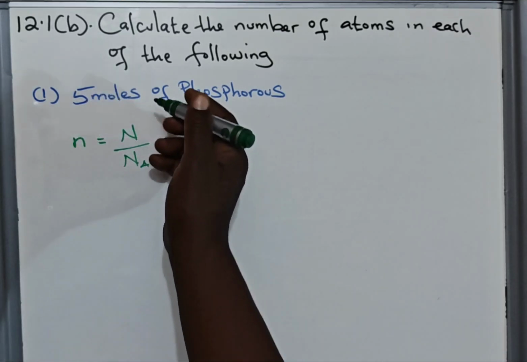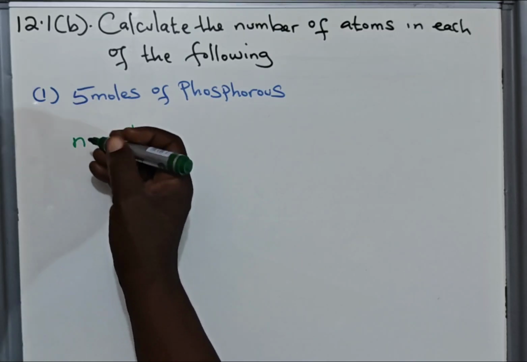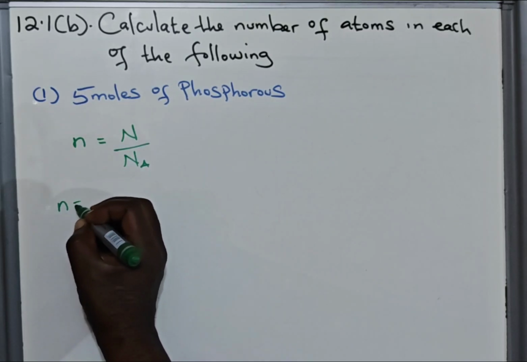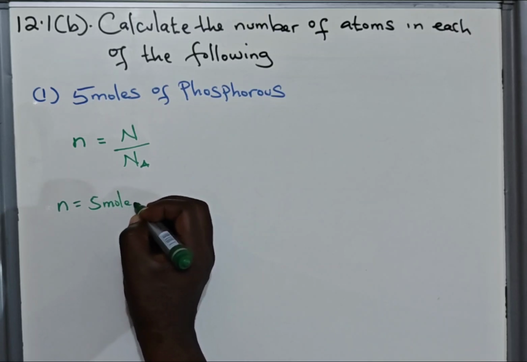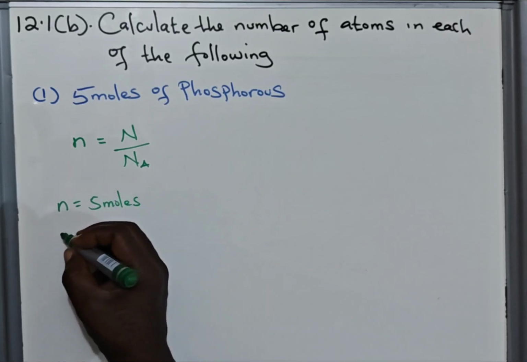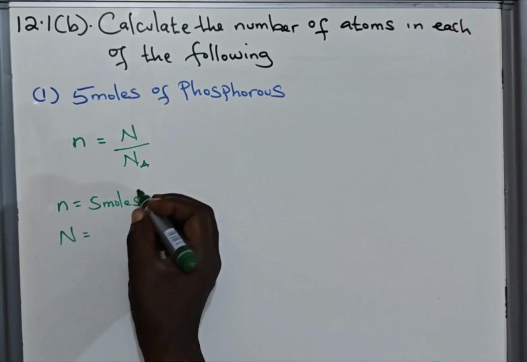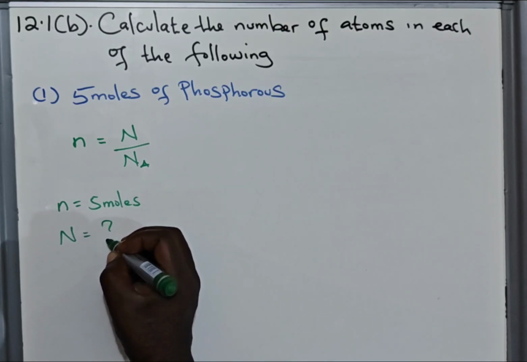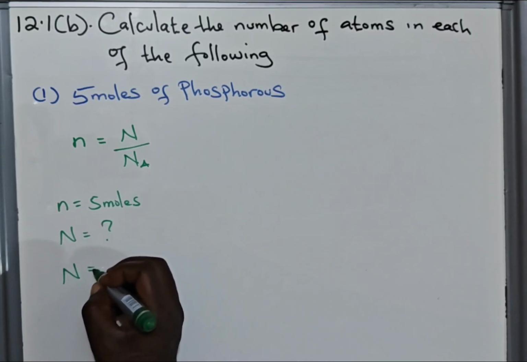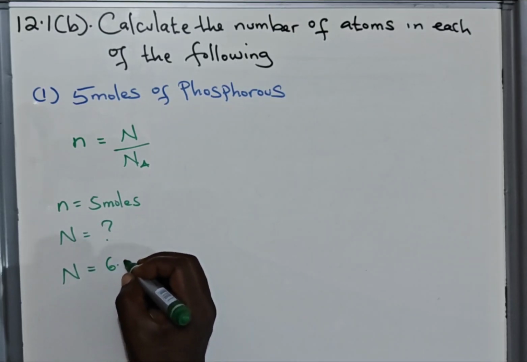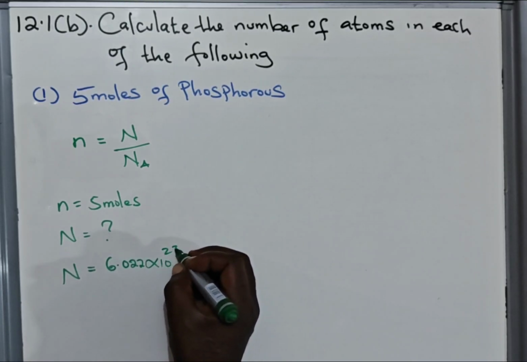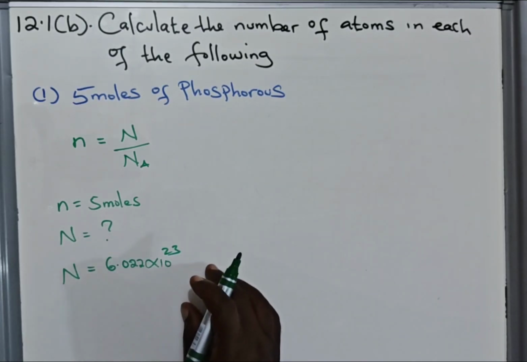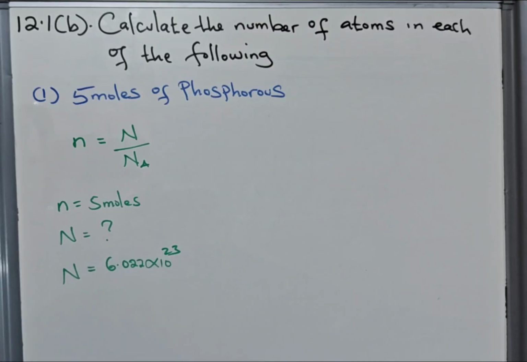So n is known and is 5 moles. We are looking for capital N, but we know Avogadro number, and it's 6.022 times 10 power 23 entities per mole.